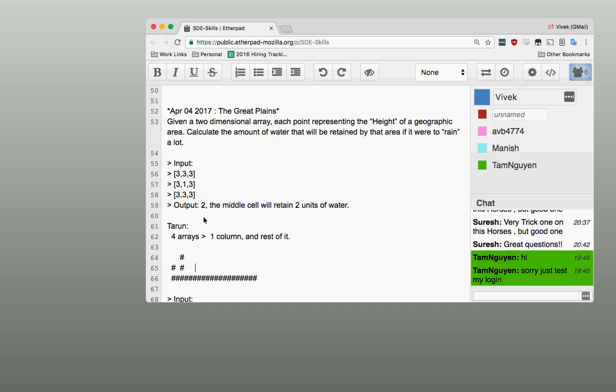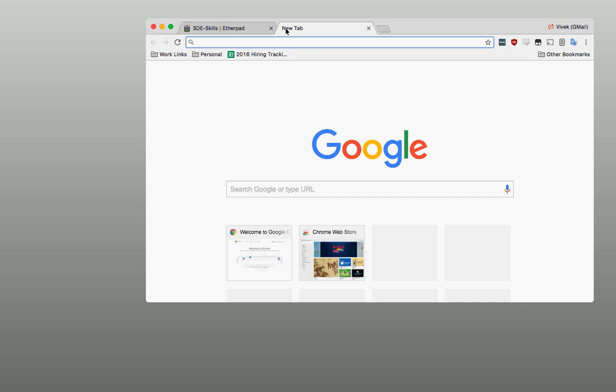Has anyone here not seen the bar graph question? Let me see if I can grab an image of that.